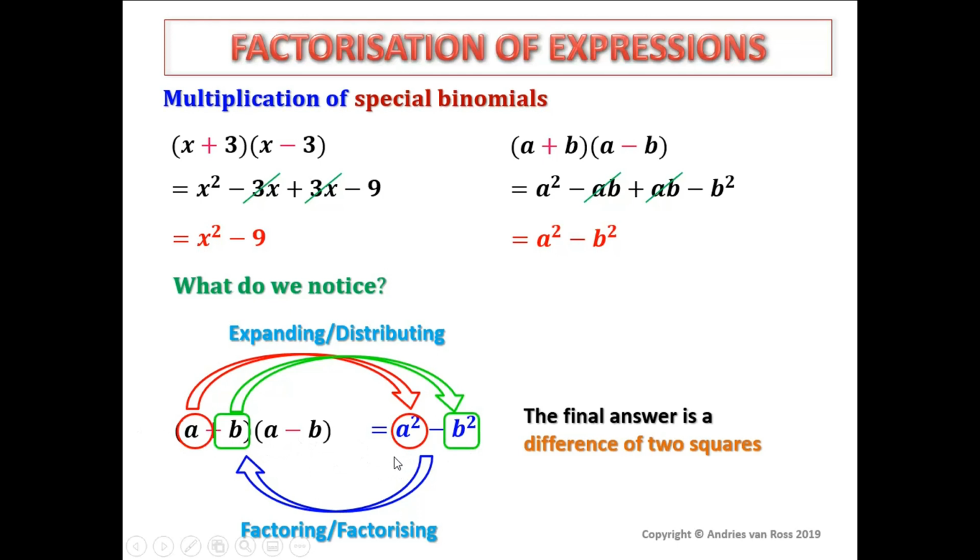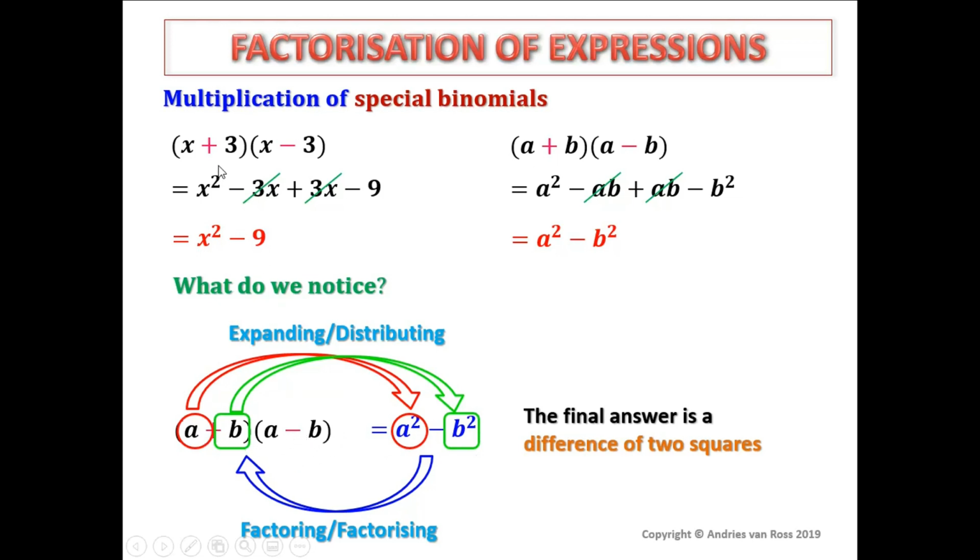We see that. So by looking at what happens when we expand the two brackets, it gives us an idea: when we get the answer as the difference of two squares and we have to factorize, we know it will be two brackets, with the square root of each of the two terms in the final answer put in the two brackets, and a plus and a minus.